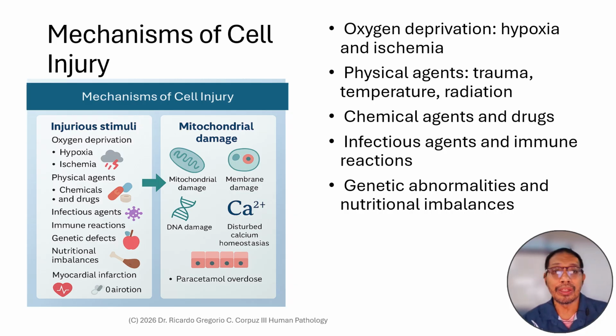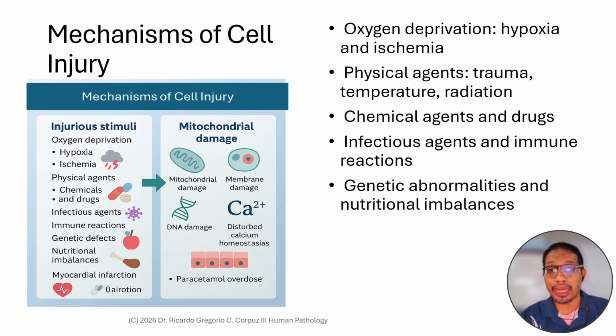To make this more concrete, let's anchor this mechanism in a simple clinical example. In a myocardial infarction, the underlying problem is ischemia, an abrupt loss of blood flow to a region of the heart. The combination of oxygen deprivation, nutrient loss, and accumulation of toxic metabolites leads to rapid mitochondrial failure and irreversible cell death. In contrast, consider paracetamol (acetaminophen) overdose, which represents a chemical injury.